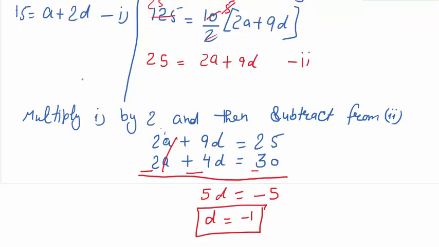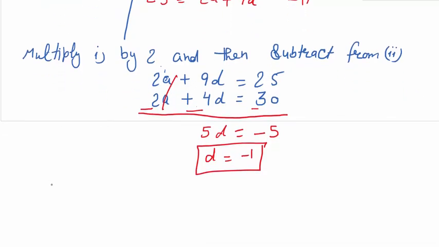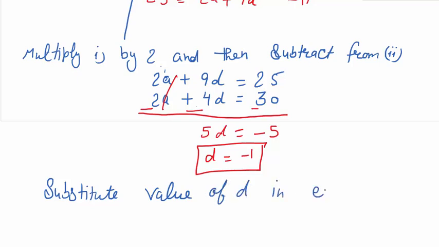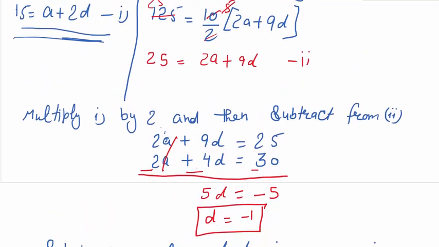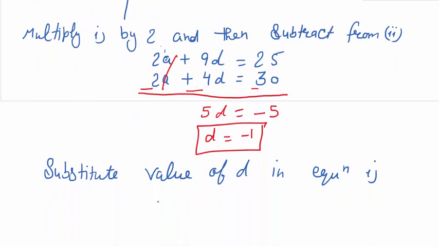Now substitute the value of d in equation 1. Now the first equation is 15 equals a plus 2d.